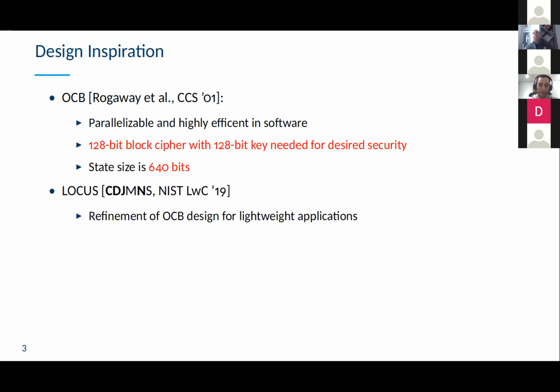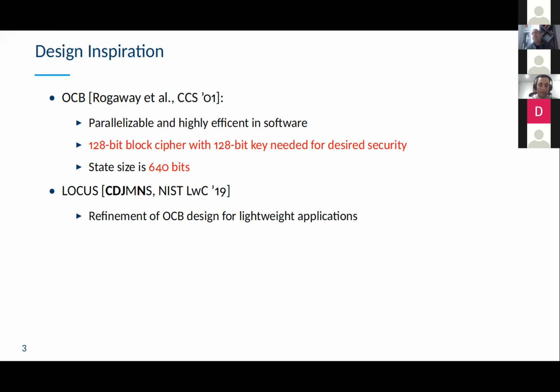But though OCB got lots of attention from the community, lightweight and parallel algorithms still didn't get much attention until the commencement of CAESAR, I can say. So in CAESAR, there have been several other proposals which achieve parallel structure, like AES-COPA or ELmD and others.